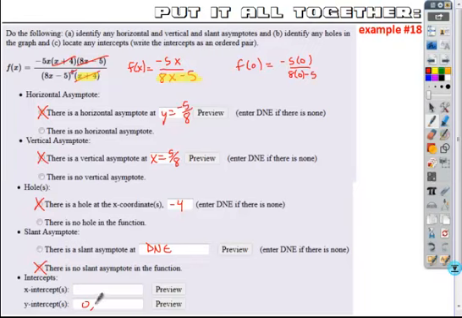So our y-intercept, when x is 0, our y is also 0. And we can find our x-intercepts by taking any remaining factors in our numerator, setting those equal to 0. So if we took negative 5x equals 0 and solve, x is 0, that gives us our x-intercept, which also happens to be just (0, 0).